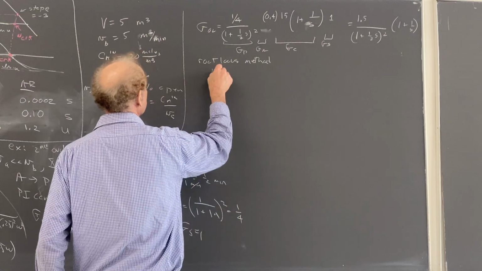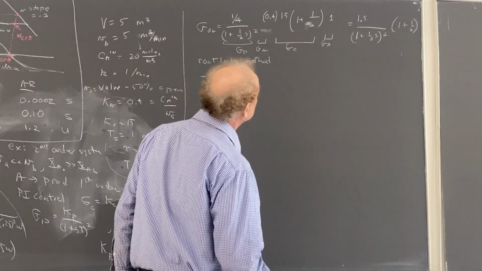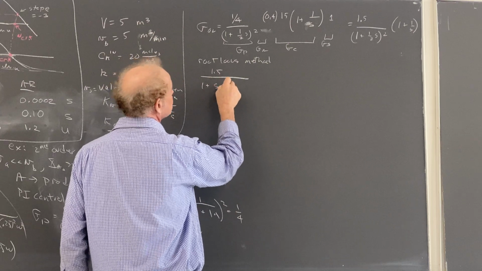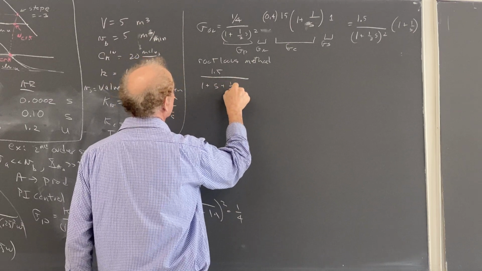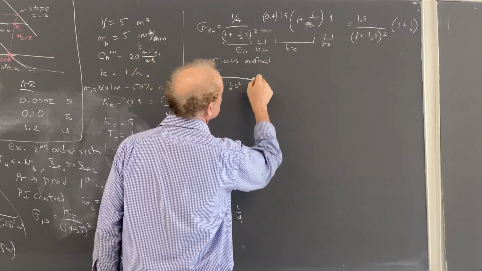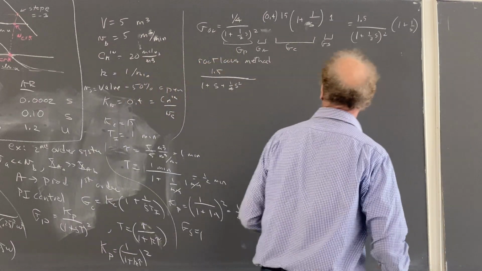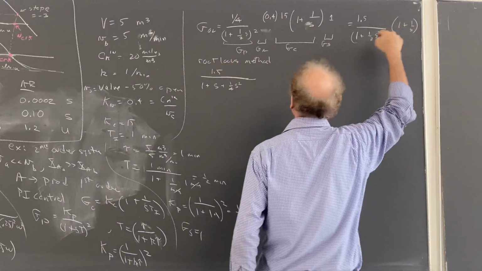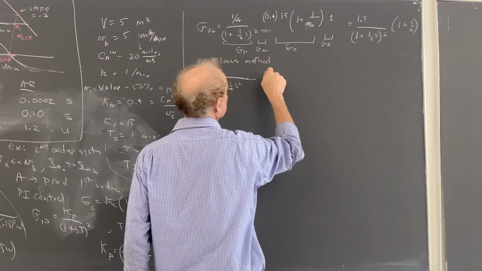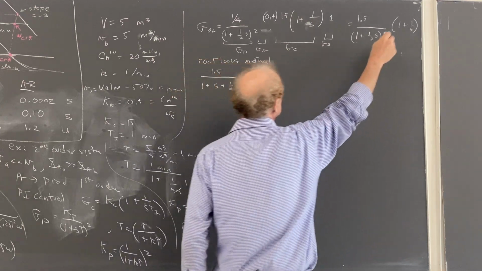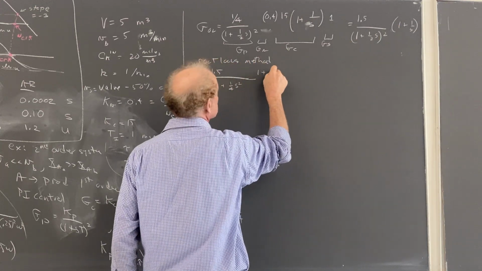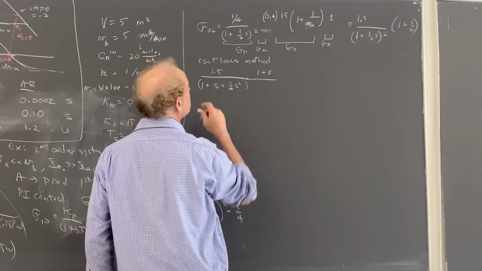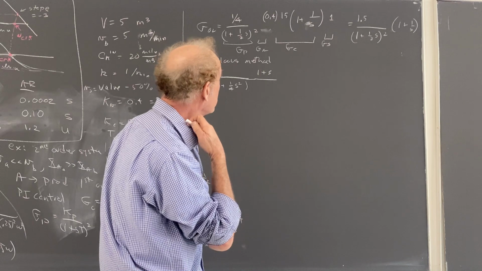So I get 1.5 over 1 plus S plus 1/4 S squared. And here, this is going to be multiplied by, I multiply top and bottom by S. So I have 1 plus 1 over S. So I multiply top by S, so I have 1 plus S, and I multiply the bottom by S as well.